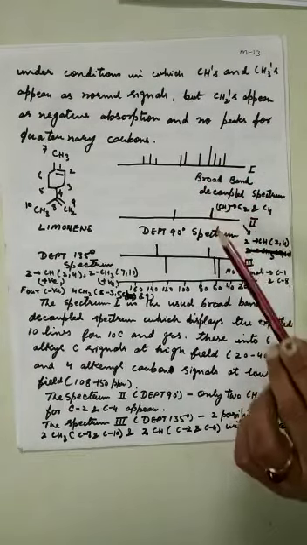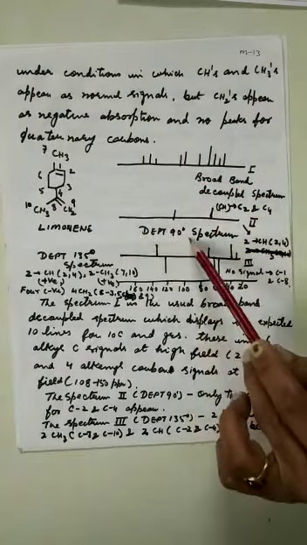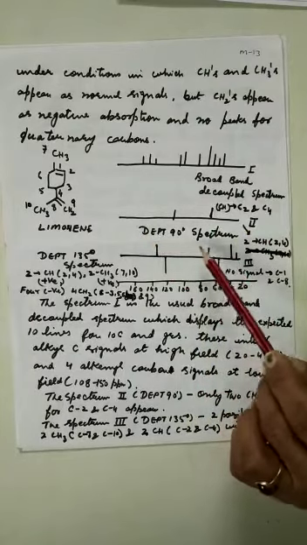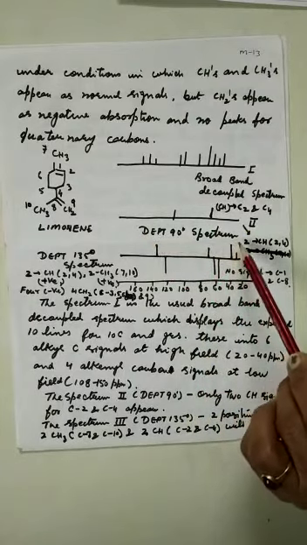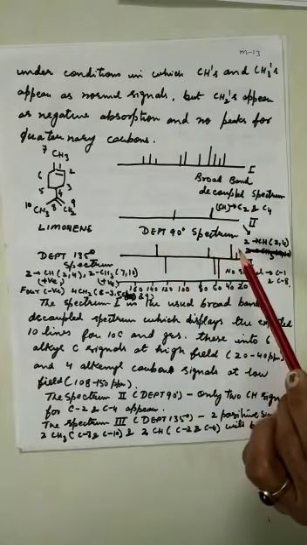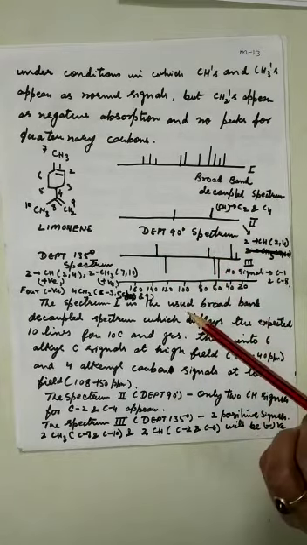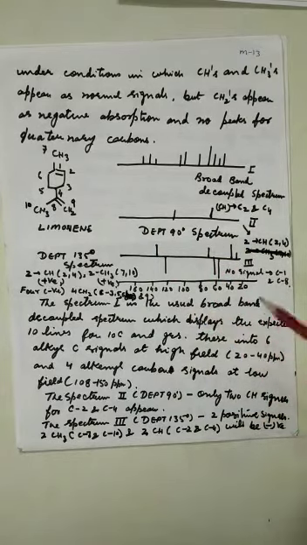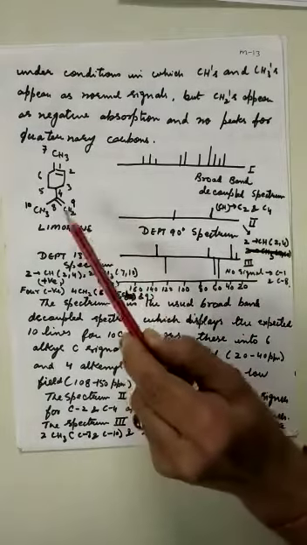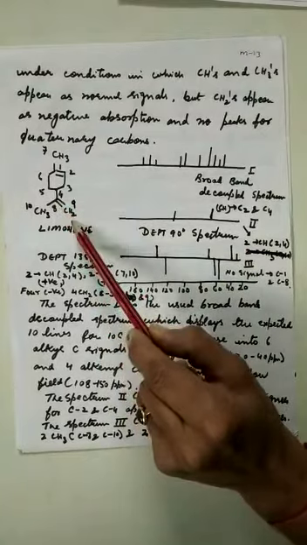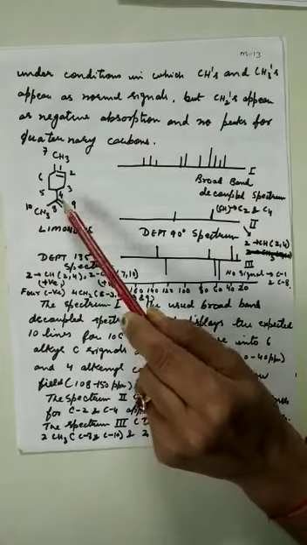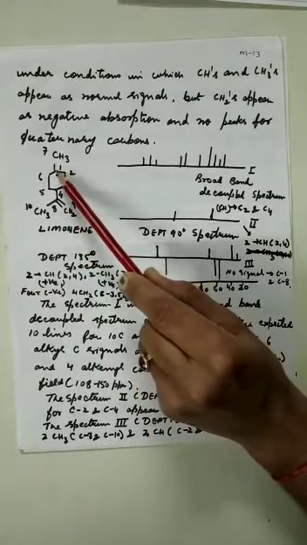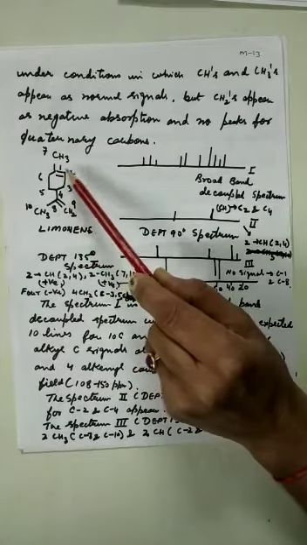The second type of spectrum is the DEPT 90 degree spectrum. In the 90 degree spectrum, we told you that only the carbon double bonded to a CH will be observed. So the carbon bonded to the CH, that is C4, and the carbon double bonded, C2.